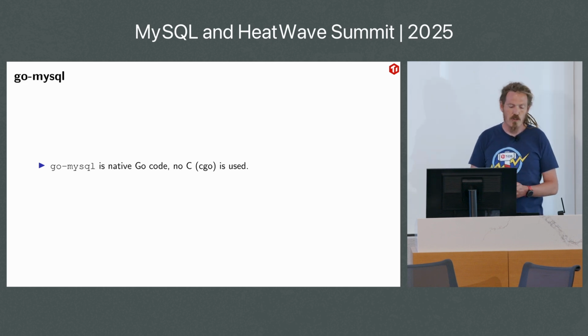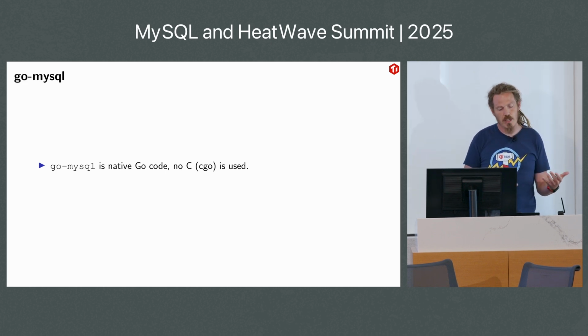The Go-MySQL project is native Go code. There's no C code involved, which means you can really easily compile and cross-compile the code and import it in pretty much any Go project without any issues.